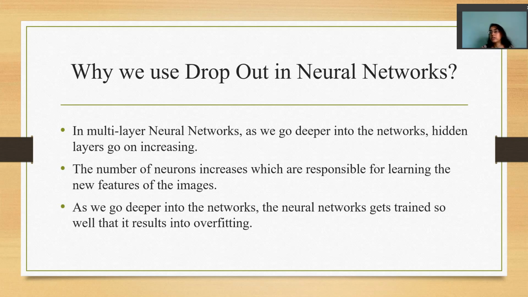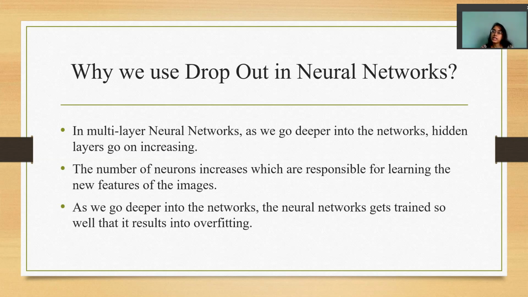That means it will train the features too well or too perfectly, so the predicted output will be somewhat different from the actual output. So in that case the predicted output will not be equal to the actual output and it will have a negative impact. So this is actually called the overfitting problem.